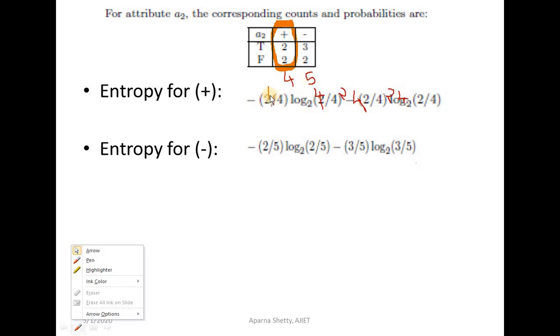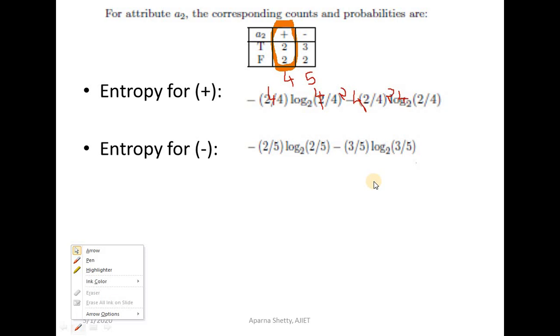So entropy for a positive class is given by minus 2 by 4 log to the base 2 by 4, minus, this is also 2, so minus 2 by 4 log to the base 2 by 4. And entropy for the negative class is given by minus 2 by 5 log to the base 2 by 5 minus 3 by 5 log to the base 3 by 5. So this was the entropy for class minus.